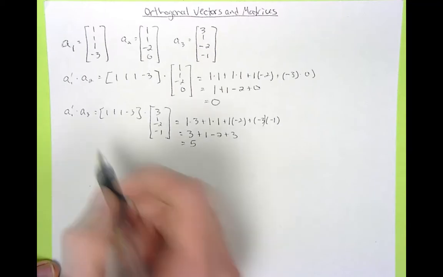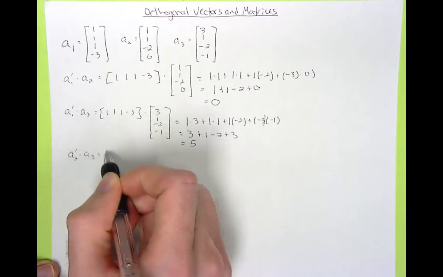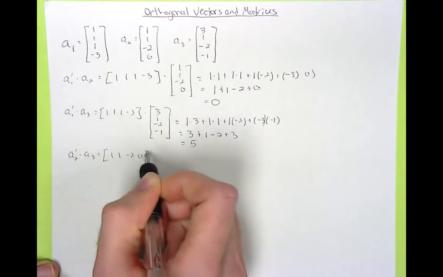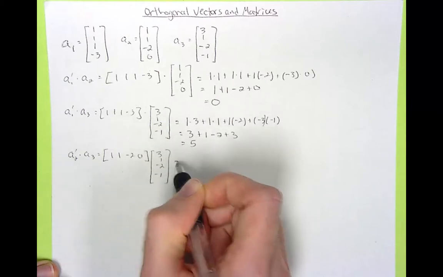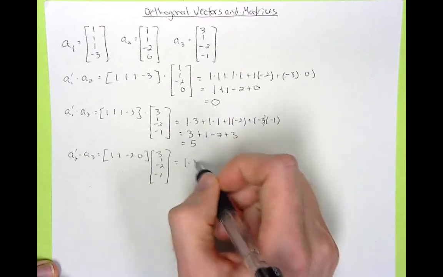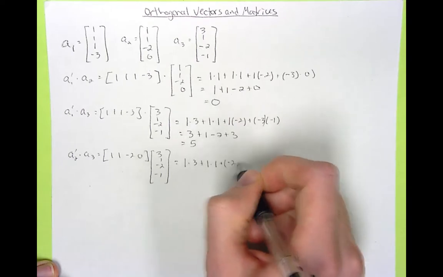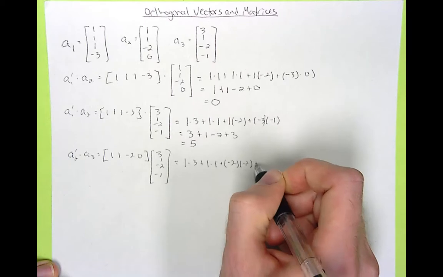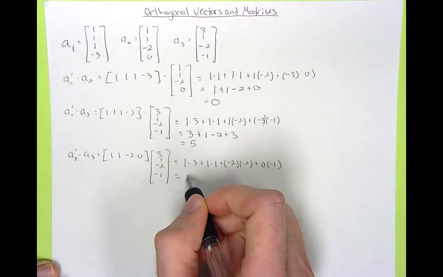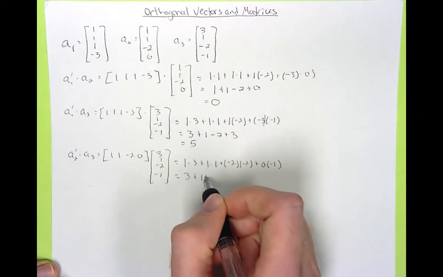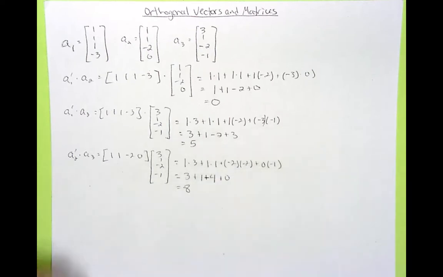And for the last possible combination, we'll take the transpose of a2 times a3, get 1, 1, negative 2, 0, and multiply that by 3, 1, negative 2, negative 1. And we get 1 times 3 plus 1 times 1 plus negative 2 times negative 2 plus 0 times negative 1, which will give us 3 plus 1 plus 4 plus 0, which equals 8.